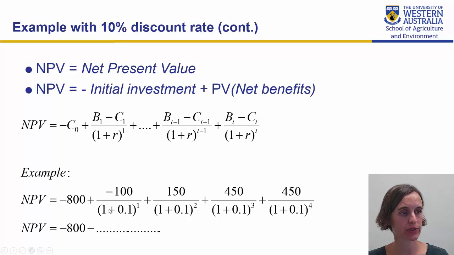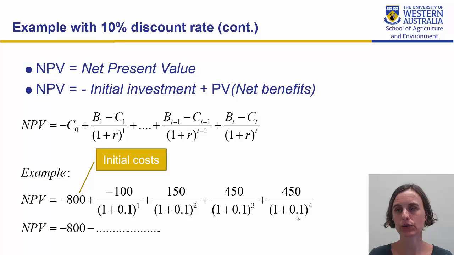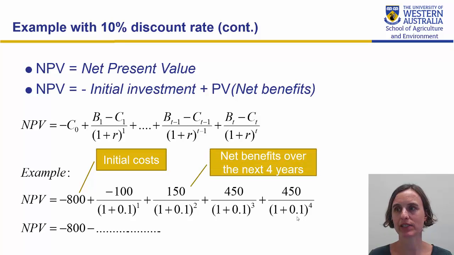The initial cost, the net benefits in year 1, year 2, year 3 and year 4, all discounted with a 10% discount rate. So the initial cost and the net benefits for the next 4 years.